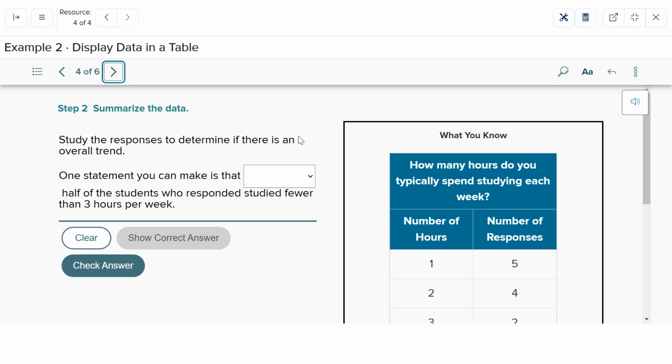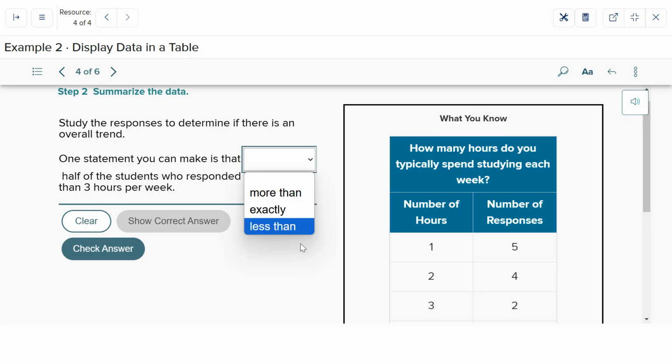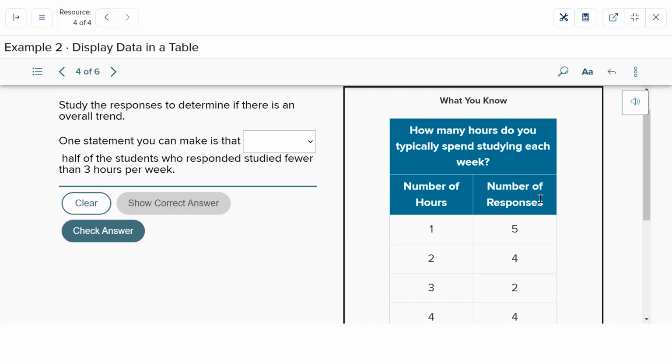And then you can summarize the data from here. So right now we were just organizing it and then we were analyzing a little, and now we can study the responses to determine if there is an overall trend. One statement you can make is whether more than, exactly, or less than half of the students who responded studied fewer than 3 hours per week. So fewer than 3 hours per week is going to be 1 and 2 hours.